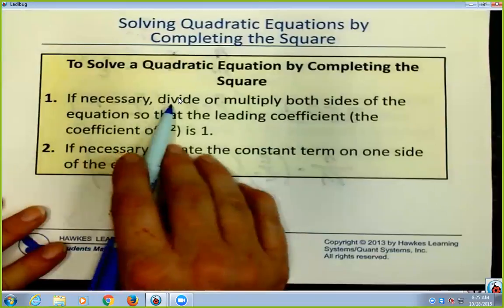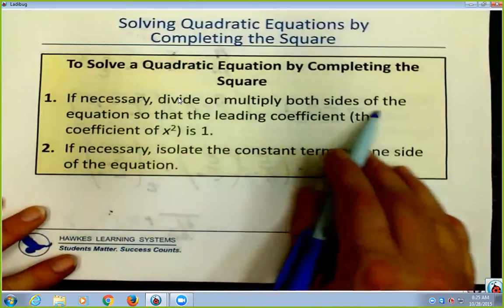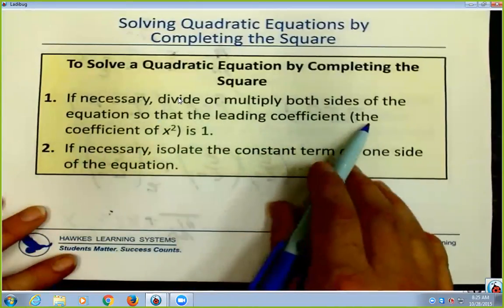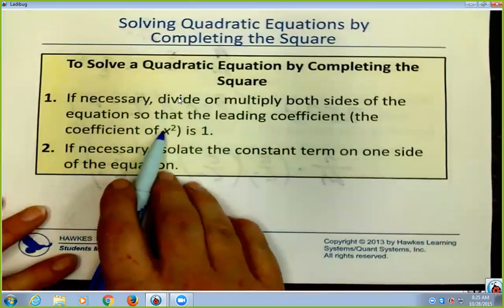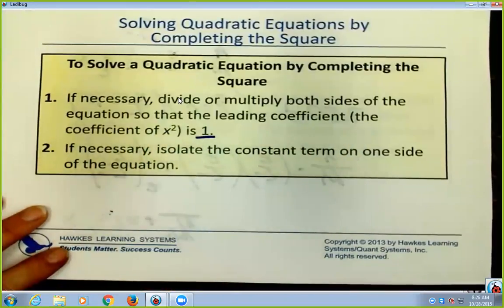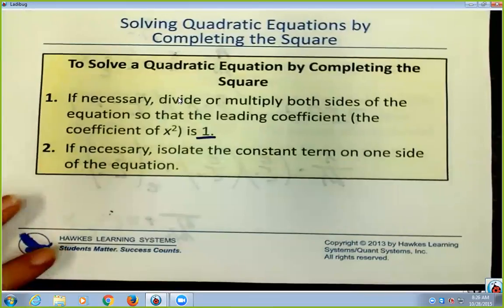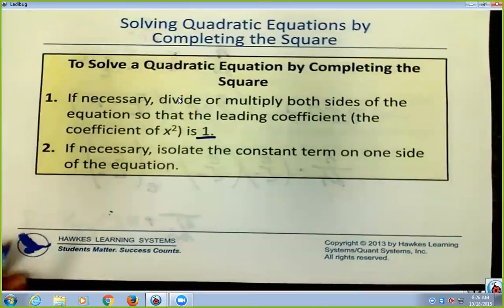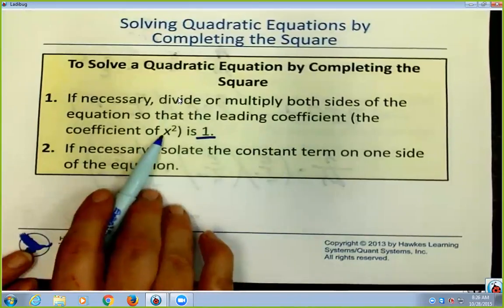So it says, if necessary, divide or multiply both sides of the equation so that the leading coefficient, the coefficient of x squared, is 1. So we're going to divide things out. We're going to make sure they're only equal to 1. So that means dividing everything in there by whatever is in front of the x squared.